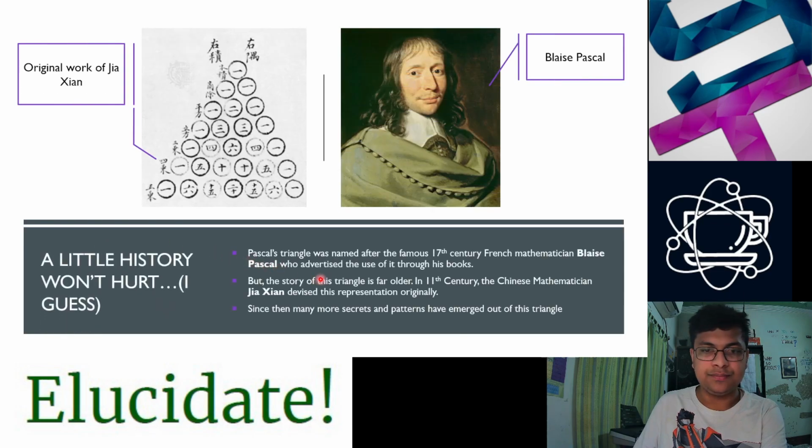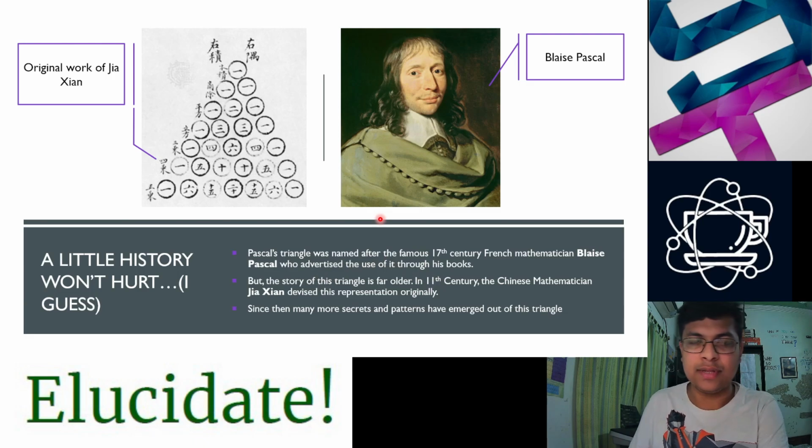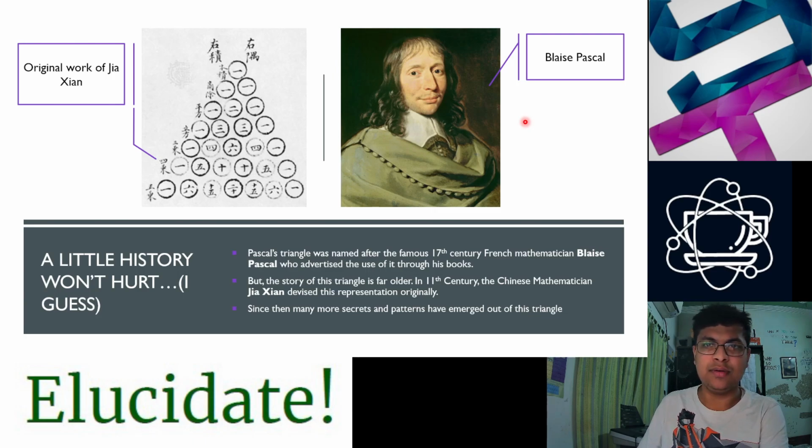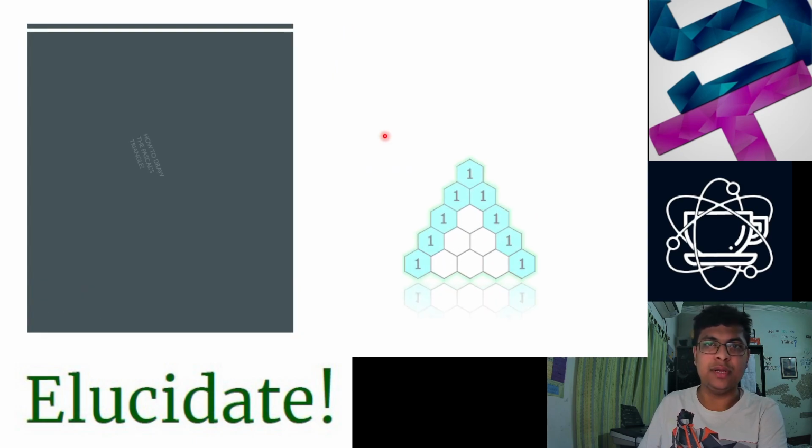Even after the discovery, about 10 centuries have passed, and still there are many secrets being discovered of this triangle, and it's used in many places. Nowadays it's also used in finding out some spins in quantum equations and something. I don't know the exact terms, but still it's an important mathematical tool anyway.